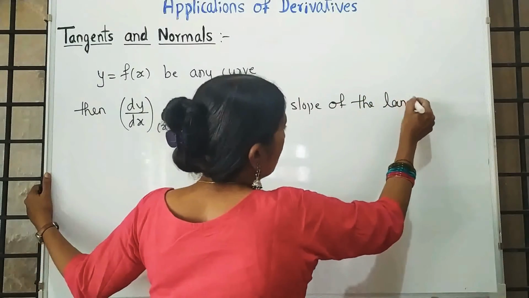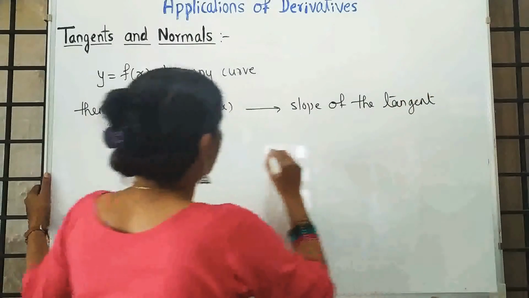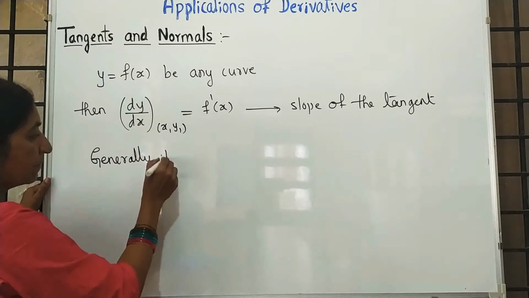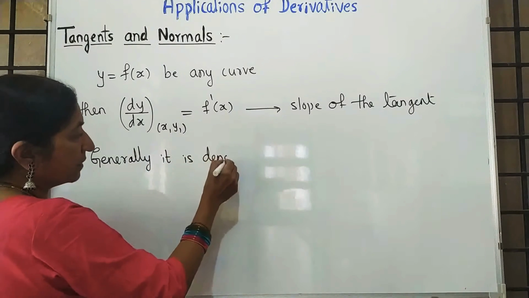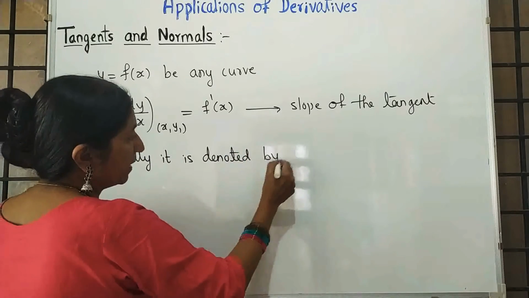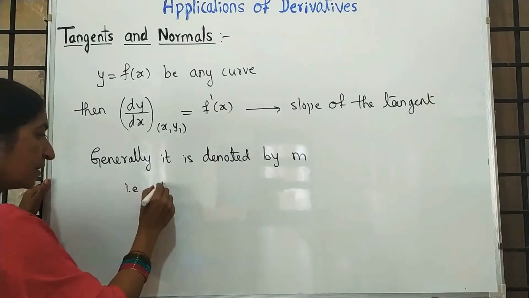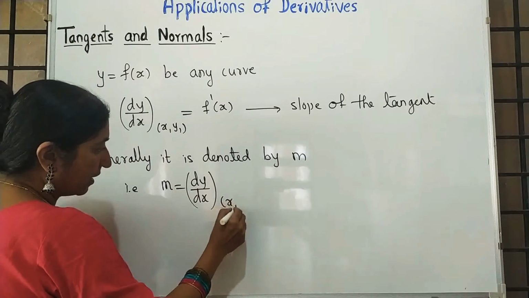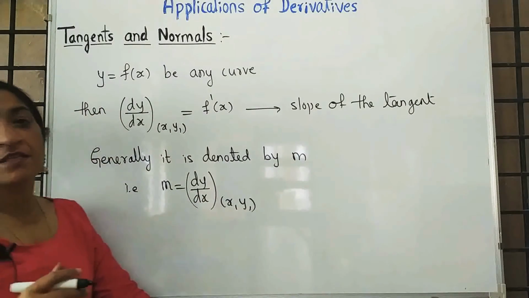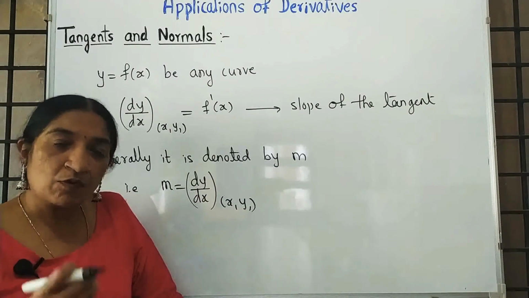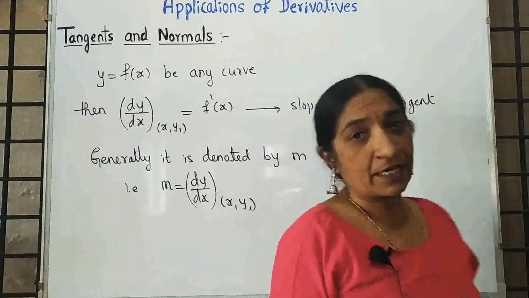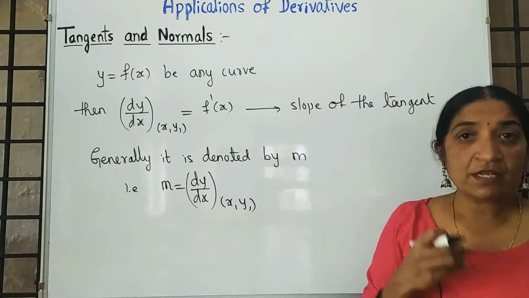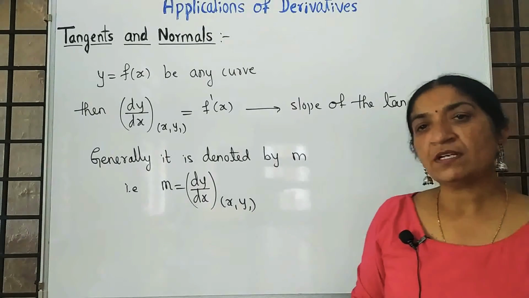Generally it is denoted by m. That is, m is equal to dy upon dx at x1 y1. Understood? That means you differentiate the given curve with respect to x, put the given values, and whatever answer you get is called the slope of the tangent.